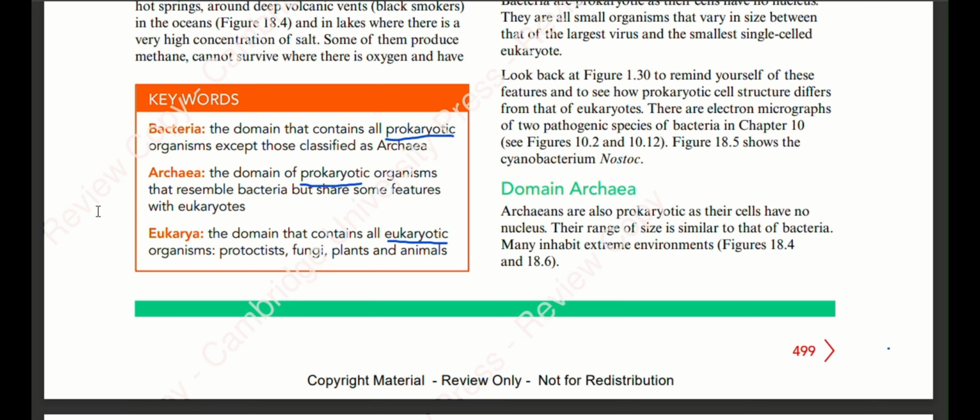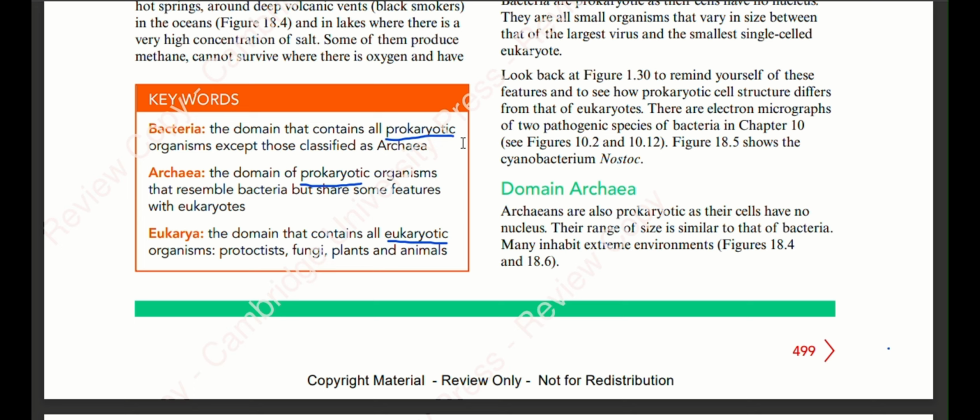Bacteria and archaea are prokaryotic organisms. By prokaryotic organisms, we mean they do not have a nucleus in their cells. They do have DNA or the genetic material or genome, but they lack a nuclear boundary or nuclear envelope, which we see in eukarya or eukaryotic organisms.